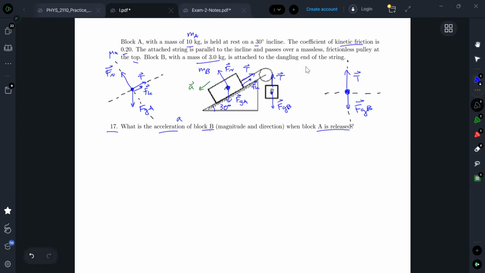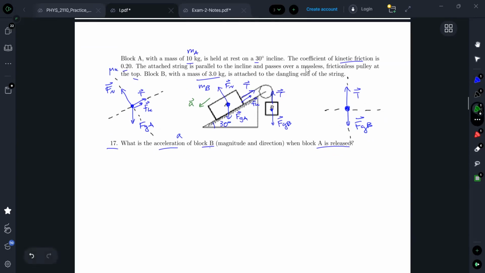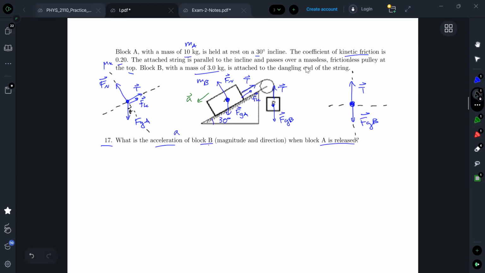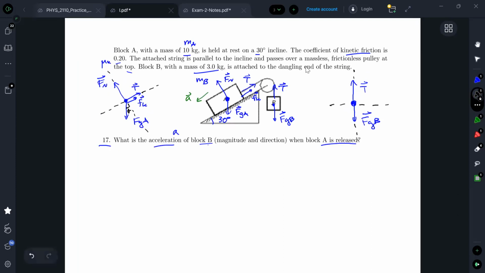And I need to resolve any forces that are not along those axes into components. It's just the gravitational force on A that's not. And like I said, at this point, try and commit to memory: that angle between the weight vector and that axis is going to be theta. So in this case, 30 degrees, which I guess I forgot to label as theta.